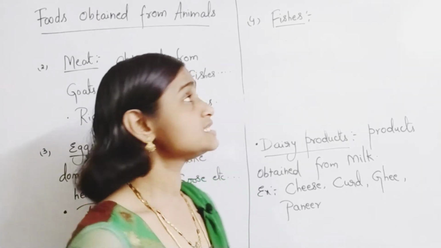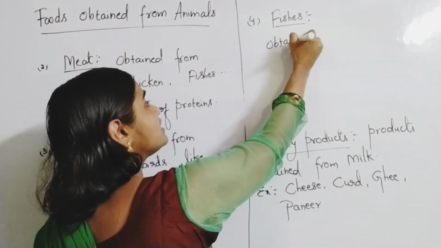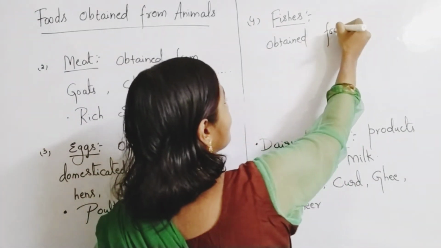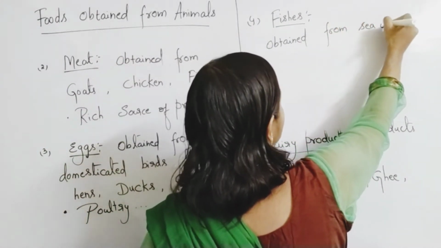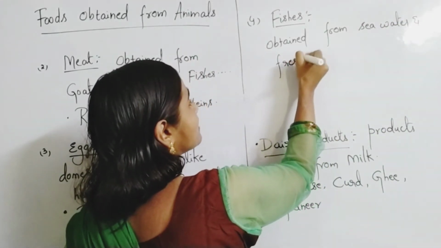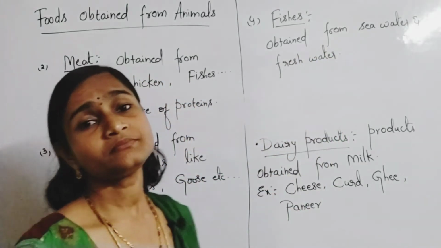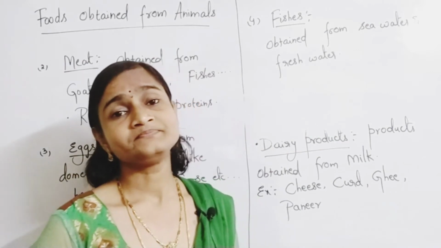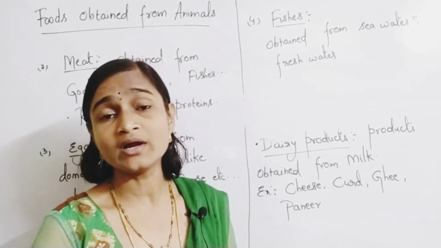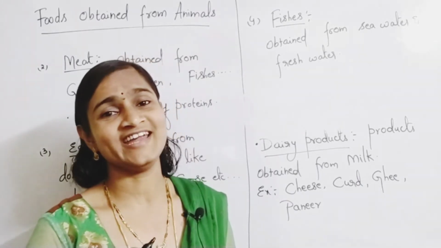Fishes can be obtained from seawater as well as from fresh water. These fishes are rich sources of proteins, as I already told you, body building foods, and rich sources of iodine also.